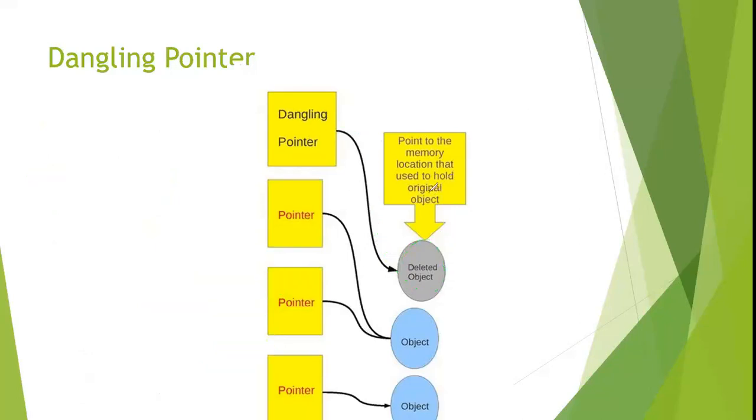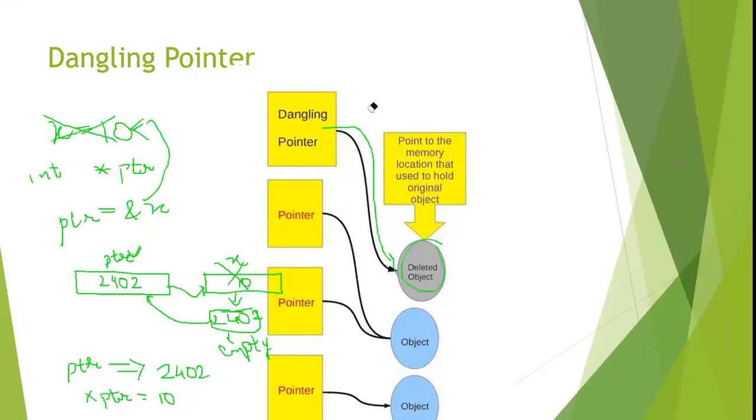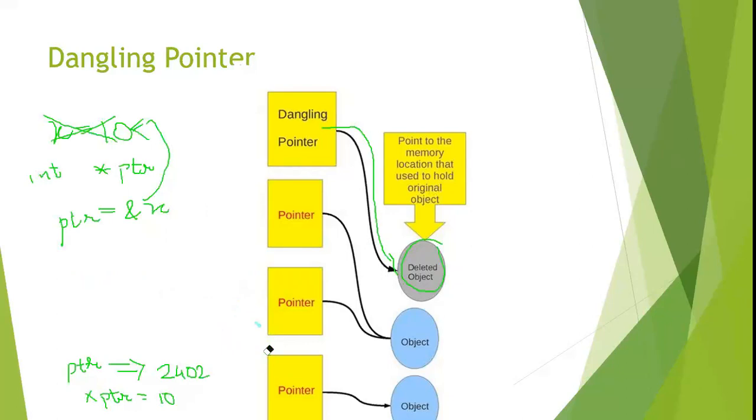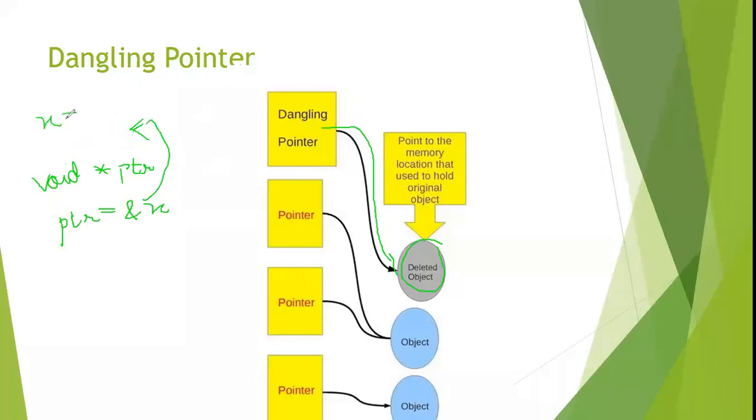Next is typecasting. Typecasting comes into the picture when we take a void pointer, that means a pointer which does not have any data type. So let's suppose I say void pointer ptr, and this is my variable x with value 10.